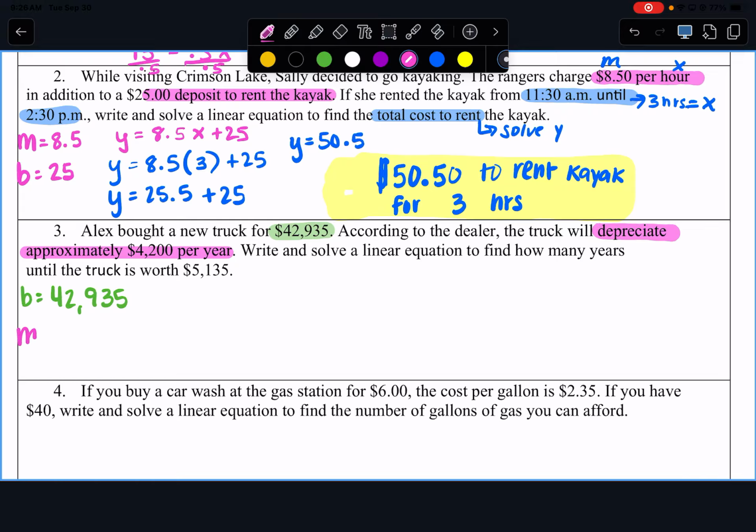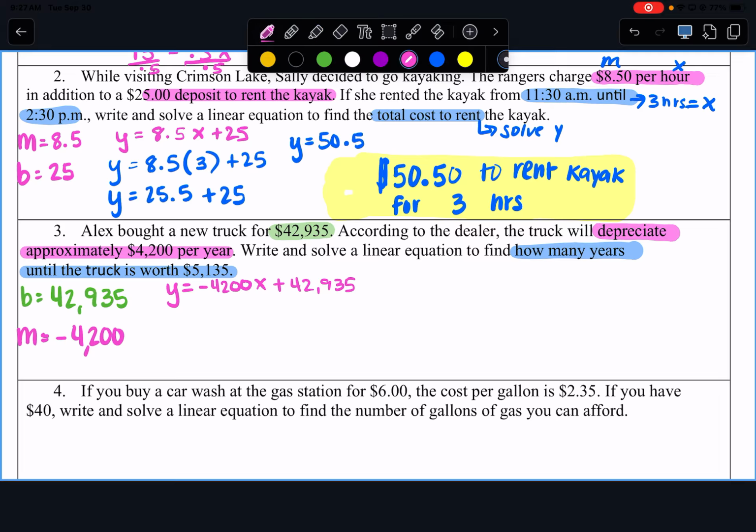So my slope would be m equals, it has to depreciate, so negative $4,200. To write our equation, we're going to do y equals what? Negative 4,200x plus 42,935. Now, it asks us to write and solve the linear equation to find how many years until the truck is worth $5,135.